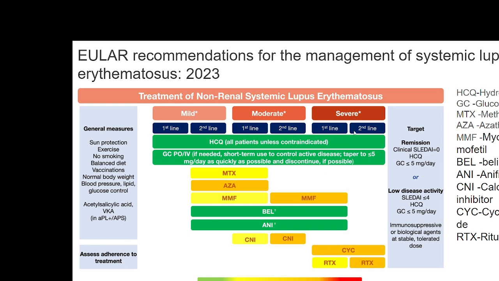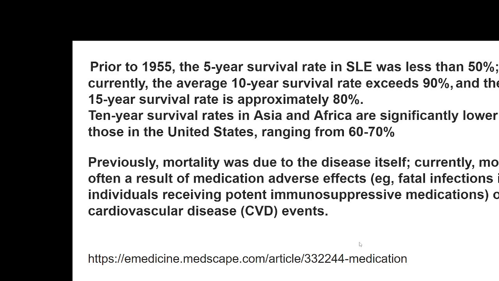And if the patient is in the severe category, cyclophosphamide or rituximab is the usual treatment suggested. And steroids, glucocorticoids, are usually prescribed in all such conditions at relatively higher doses. This is the usual prescription and the mode of prescribing the drugs according to the EULAR guideline.